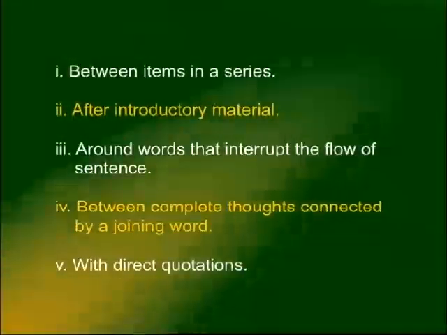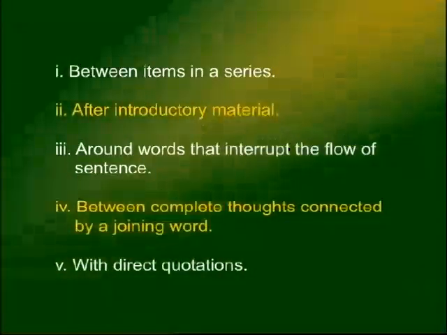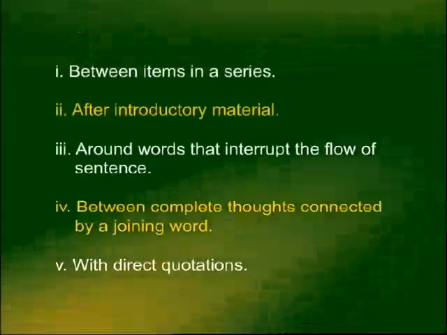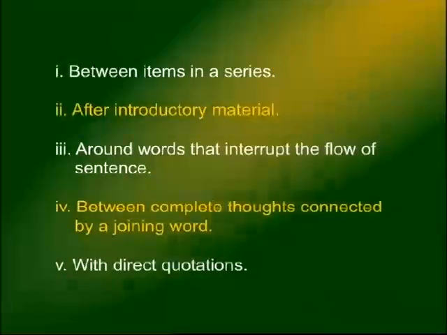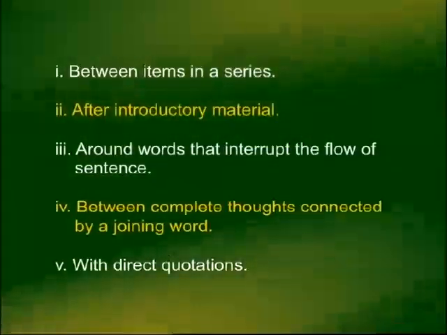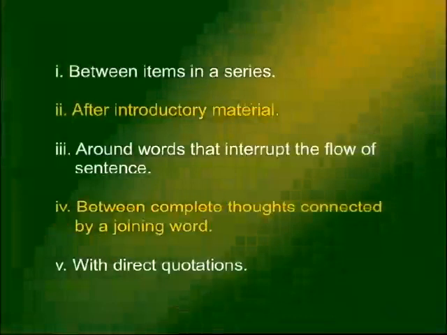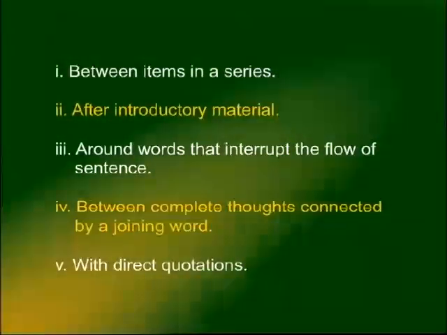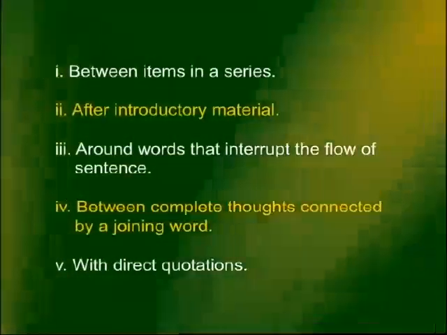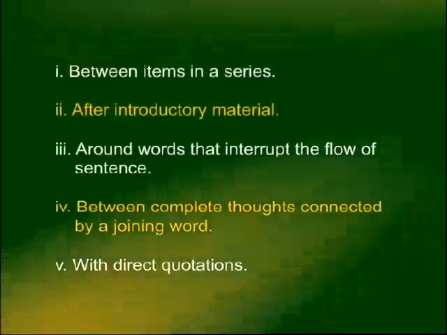Number 2, a comma will come after introductory material, after a phrase or a clause that is introducing something. Number 3, you will have a comma or commas around words that interrupt the flow of a sentence. You will have a comma before it and you will have a comma after those words.